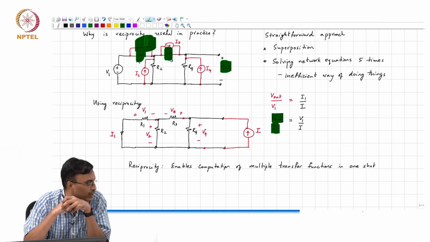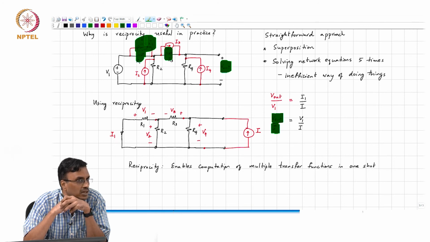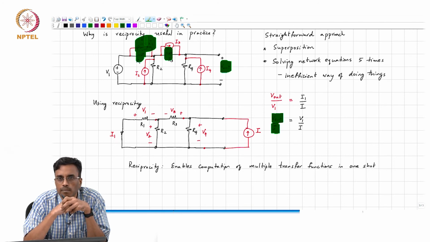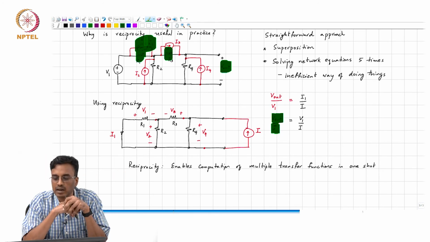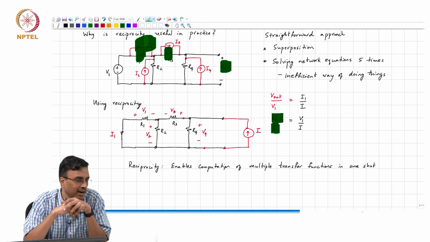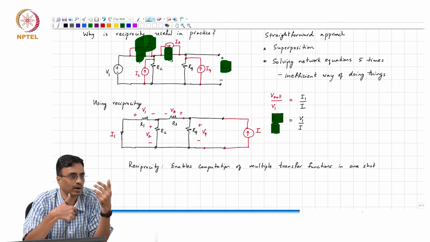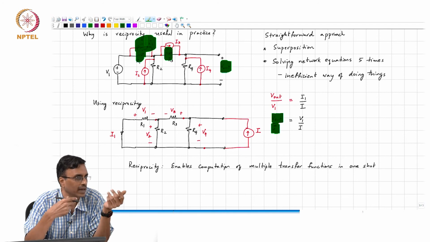In other words, transfer functions from several hundreds of sources to a single output, which, using a simple-minded approach, would need several hundred evaluations of the same network where you are doing the same thing over and over again.